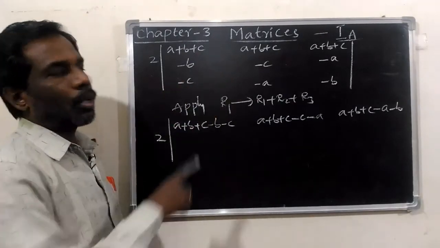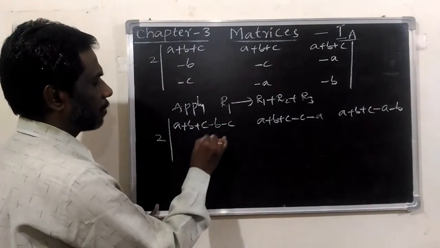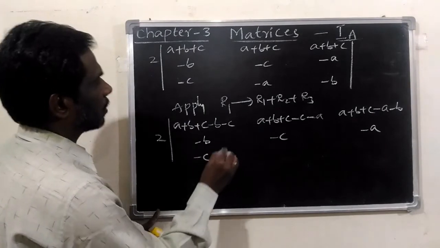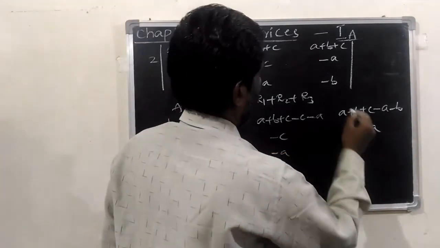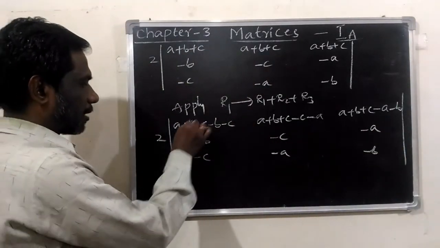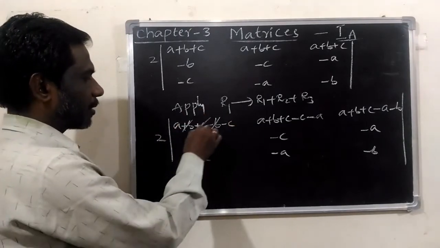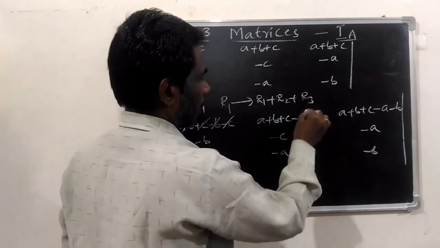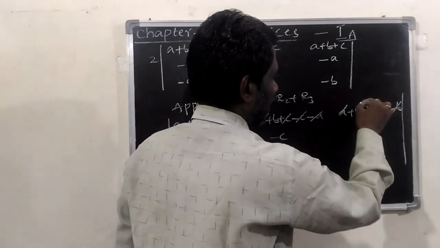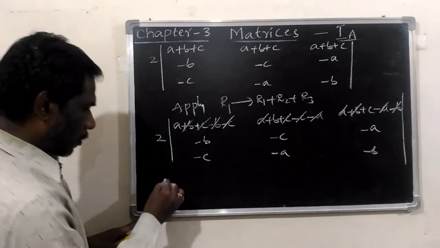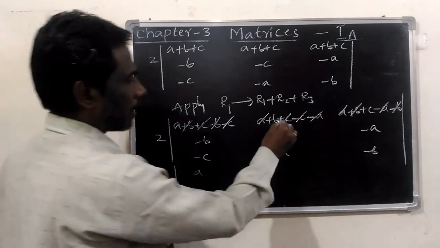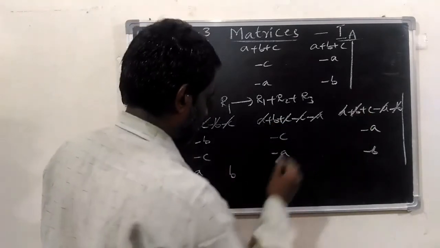And right now the R2 and R3 elements are as they are. So minus B, minus C and minus A. And the R3 elements minus C, minus A and minus B. After writing this, we can cancel plus B, minus B, plus C, minus C. Here minus C plus C, minus A plus A, minus A plus A, minus B plus B. Now the remaining elements are 2 into mod of A remains here, B remains, in this C remains.